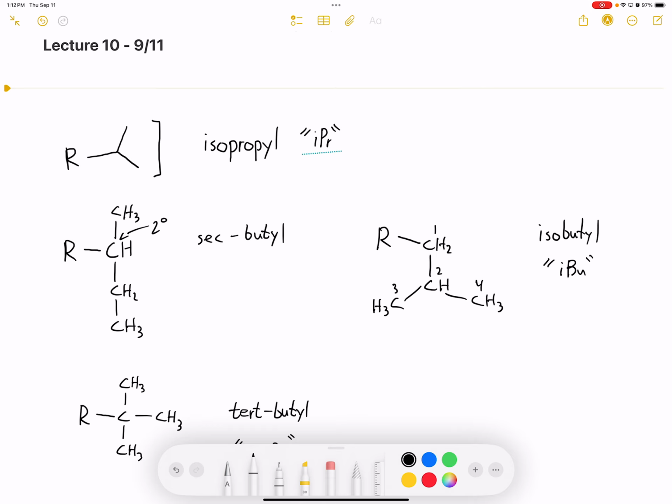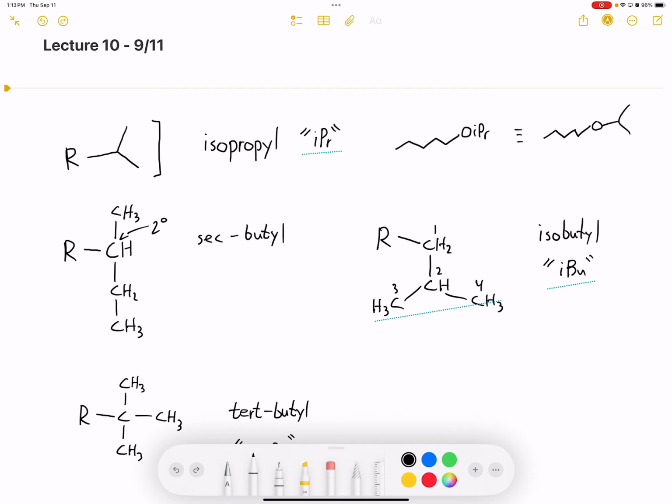For example, if I have a group like this, and I have an oxygen atom, but I don't want to draw out the rest of the carbon atoms, I could simply write this. OIPR. So that means there's an isopropyl group attached to this oxygen here. But don't worry, this is just FYI, okay? Oh, sorry, there's not that carbon right there, okay? That's just how we kind of communicate structures. In chem sometimes, we just use these abbreviations too.